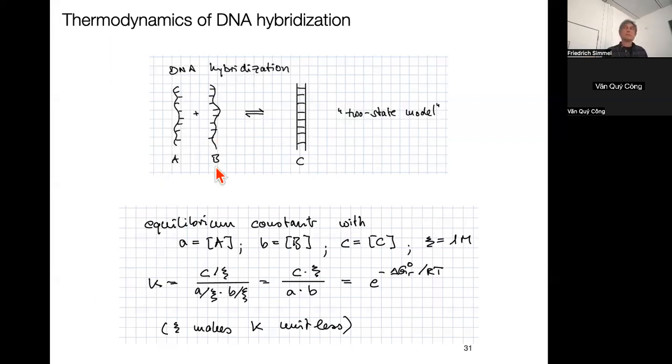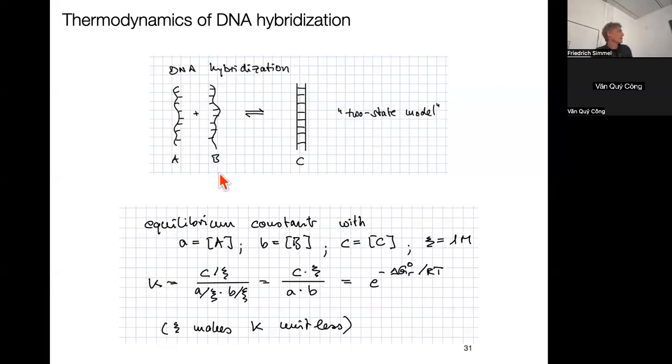For short pieces of DNA, this process is so fast that one effectively only looks at a two-state model, where you assume you cannot observe the intermediate. So you touch and then quickly form the duplex. Therefore, it's called two-state, and you only look at the duplex or the completely separated strands.